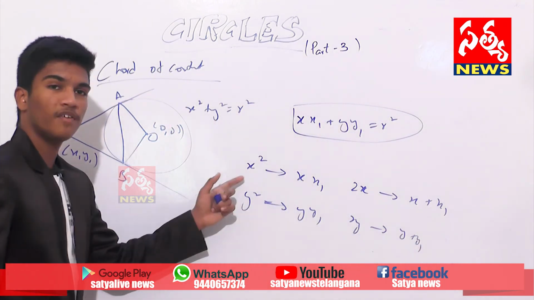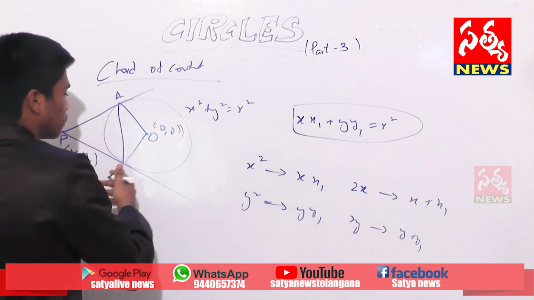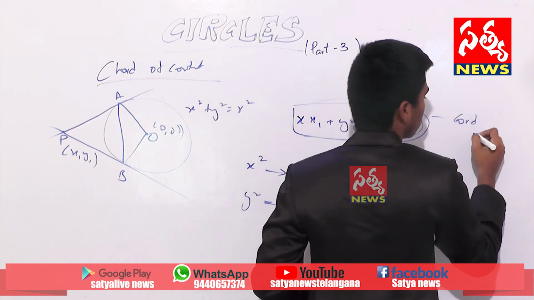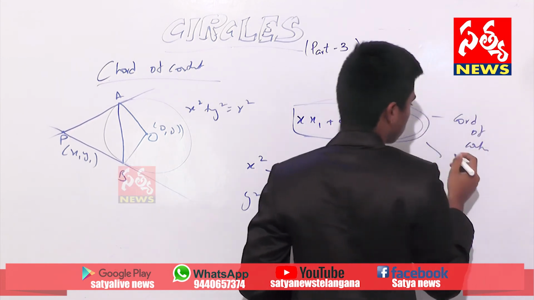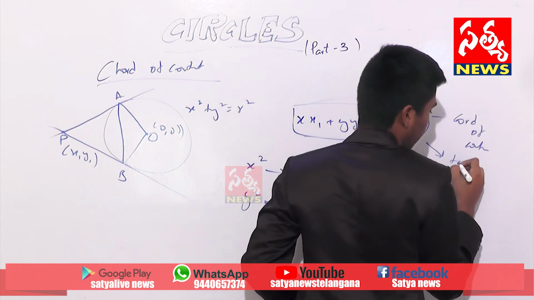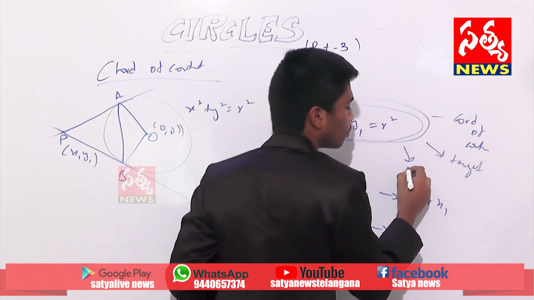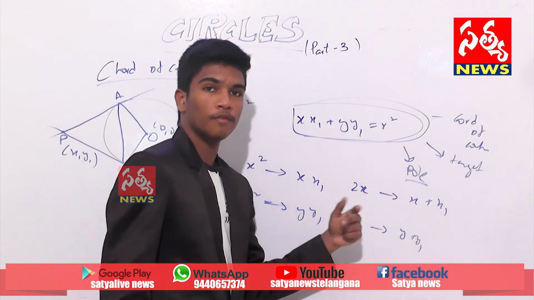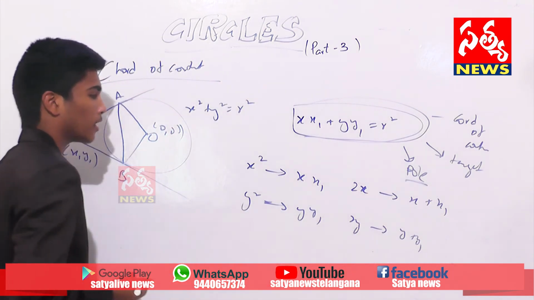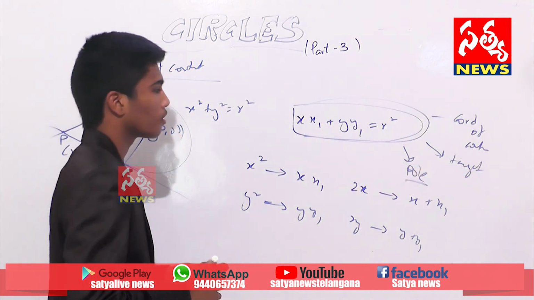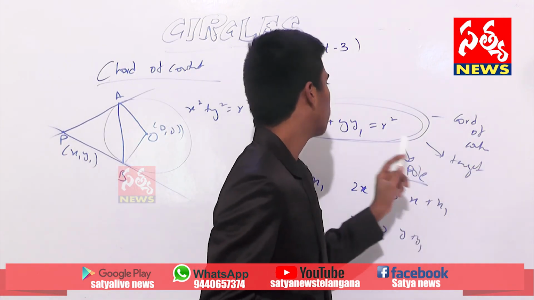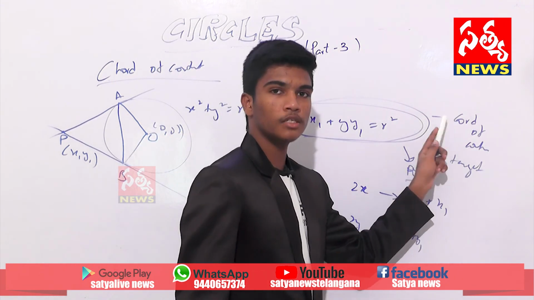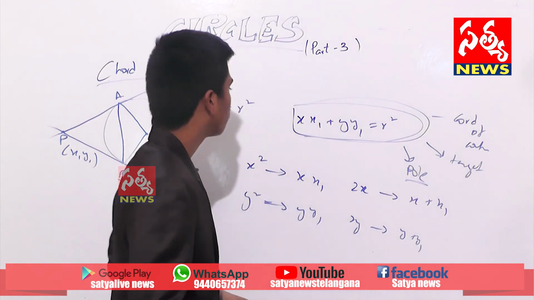But here we require only x square and y square. So this is the same formula for chord of contact, tangent, and also pole. Pole is a new term which we will learn further in circles. Until then remember, xx1 plus yy1 is equal to r square is the equation of the tangent as well as chord of contact. Okay.